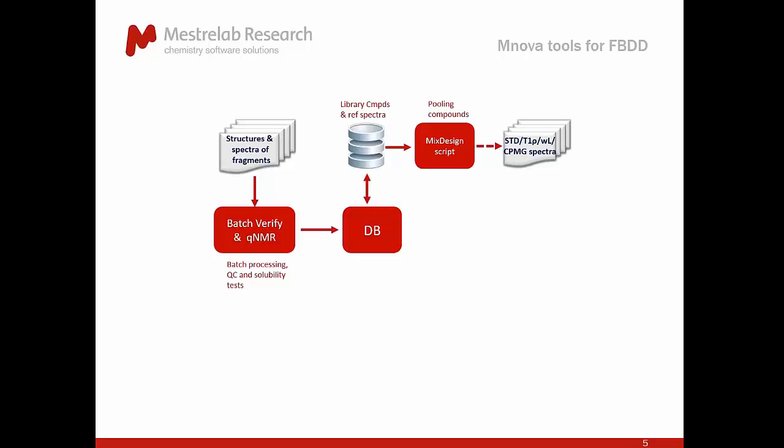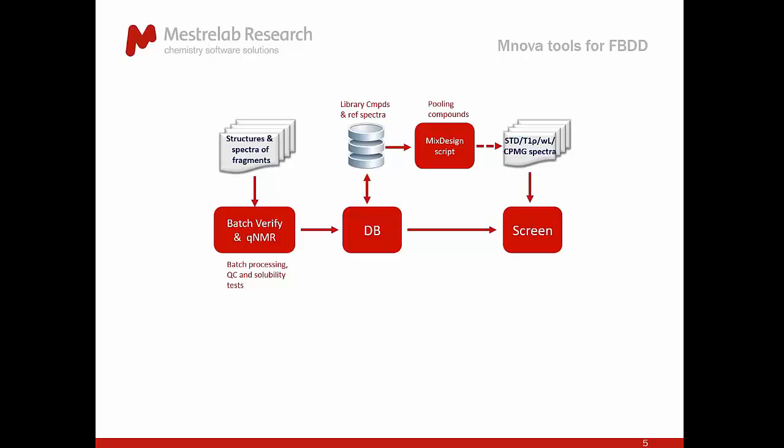From there, you can prepare samples and acquire 1D ligand observed binding spectra. Then Mnova Screen can do the batch processing of the mixture spectra and combine them with the reference spectra, either in the database or as raw data, to do the screening.